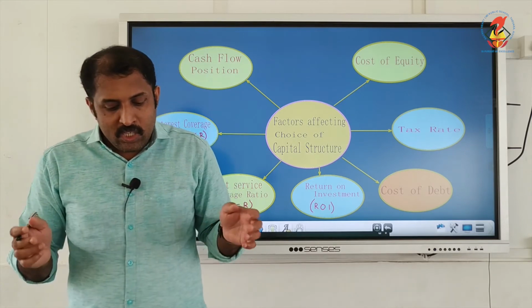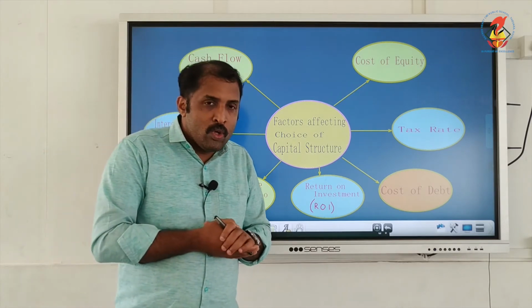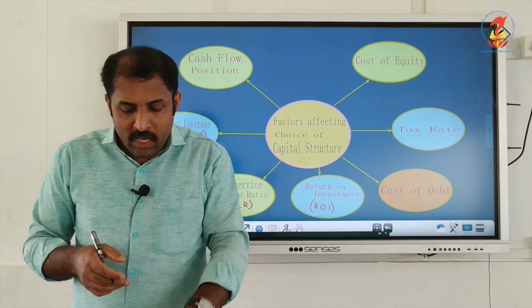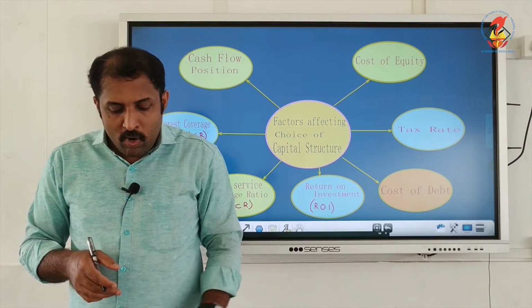The higher the ratio, the lower the risk of the company to pay the fixed financial obligation or interest payment obligation.